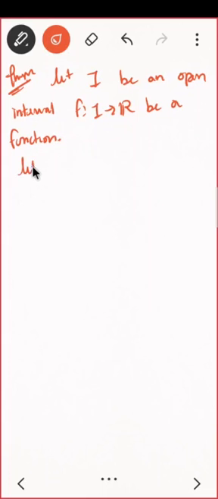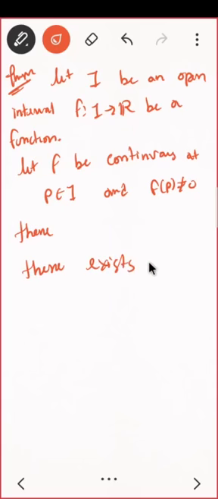Let f be continuous at p belonging to I, and f of p is non-zero. This is given to me. F is continuous and f of p is non-zero. Then you have to prove this thing.